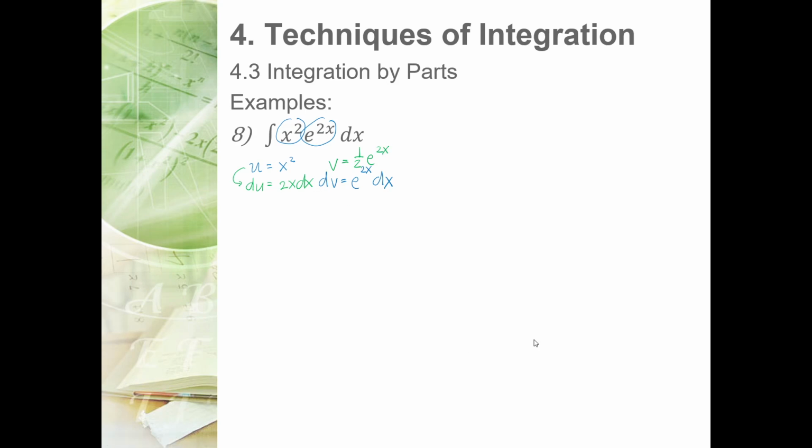So hopefully by the time that you review the recording, you'll be guided since the slide is colorful. So uv minus vdu, so you're going to have 1 half x squared e raised to the power of 2x.